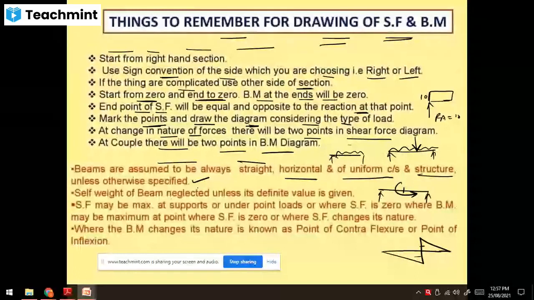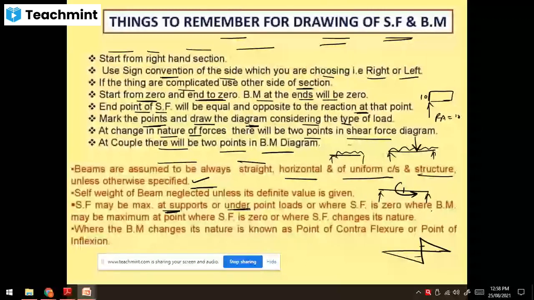Self-weight of the beam is neglected unless it is defined. Then shear force may be maximum at the support or under the point load. Remember this also: shear force is maximum at the support or under the point loads, or where shear force is 0, where bending moment is maximum.